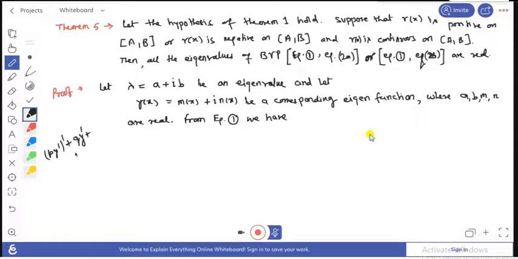This becomes m plus i n. So this is your equation number one, and from equation number one you can write this form.